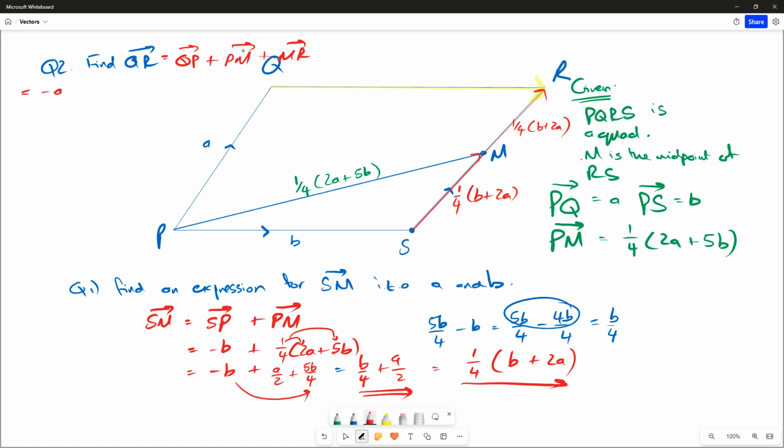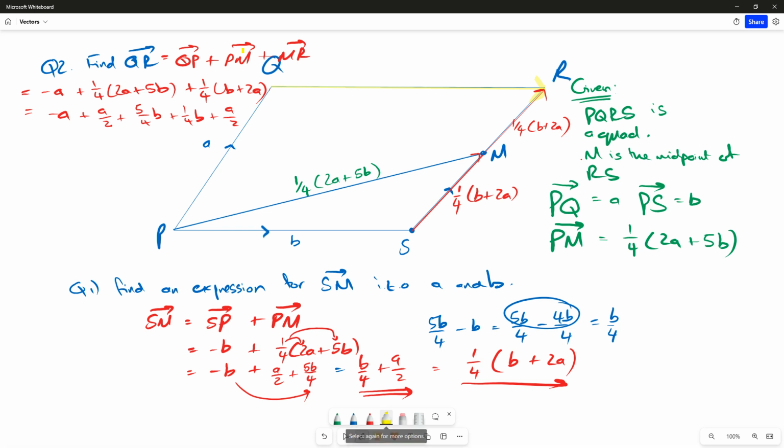So we're going negative a plus a quarter of 2a plus 5b, traveling this route. Now we're going to travel here, plus a quarter of b plus 2a. Now, negative a, 2a over 4 is a over 2, plus 5b over 4, plus a quarter b, plus a over 2.